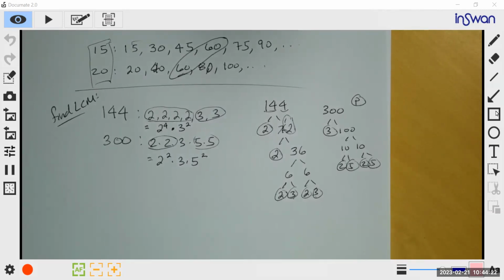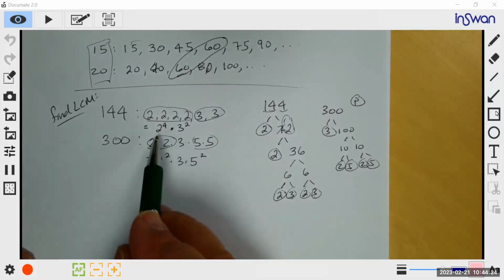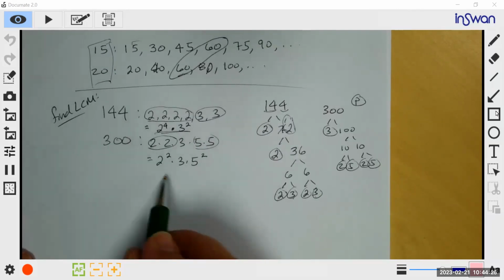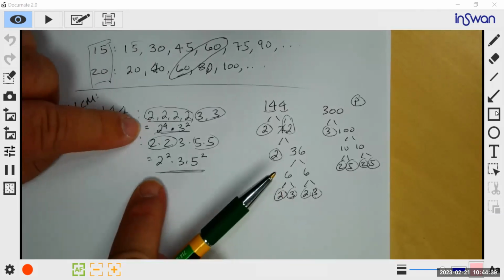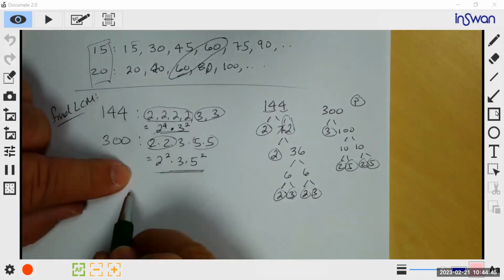Now, since we're talking about the least common multiple, out of our 2 lists, here and here, take the numbers that have the highest exponent. So in this first one, who's got the highest exponent for the 2s? The top one. So we have 2 to the 4th.